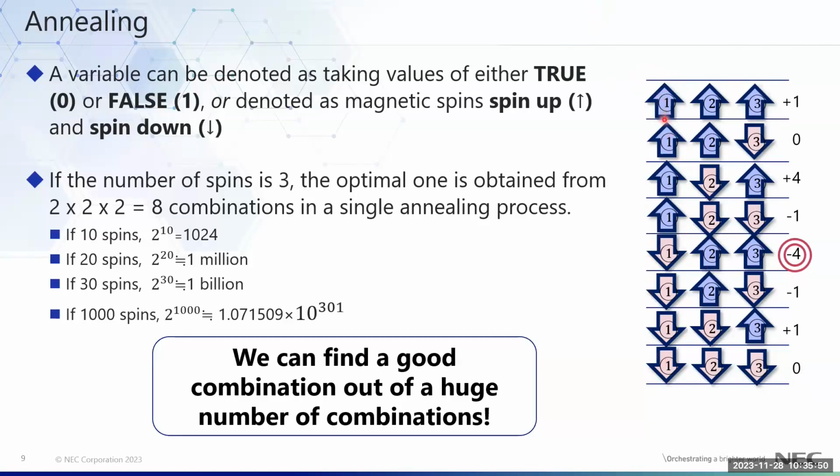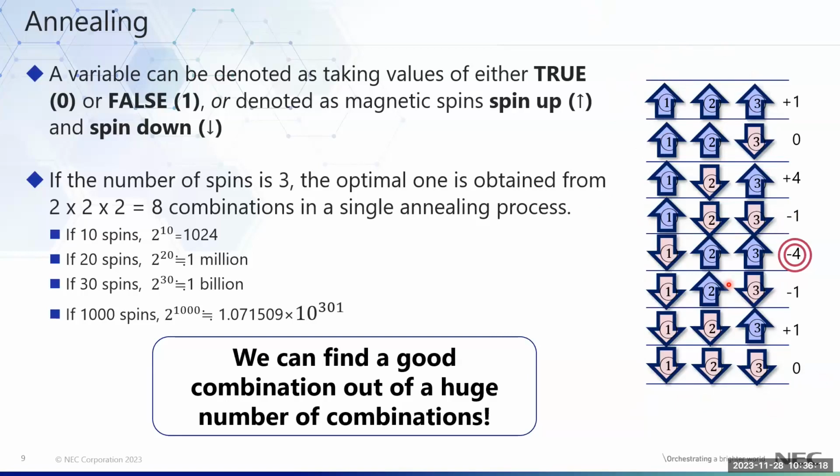So it's like spin up, spin up, spin up, spin up, spin up, spin down. These are all the 8 combinations of the 3 variables that we're working on. And if you map these spins with zeros and ones, you're basically looking at a truth table. If the number of spins is 3, it is possible to perform a full search. It's not a big deal because it's just 8 possible combinations.